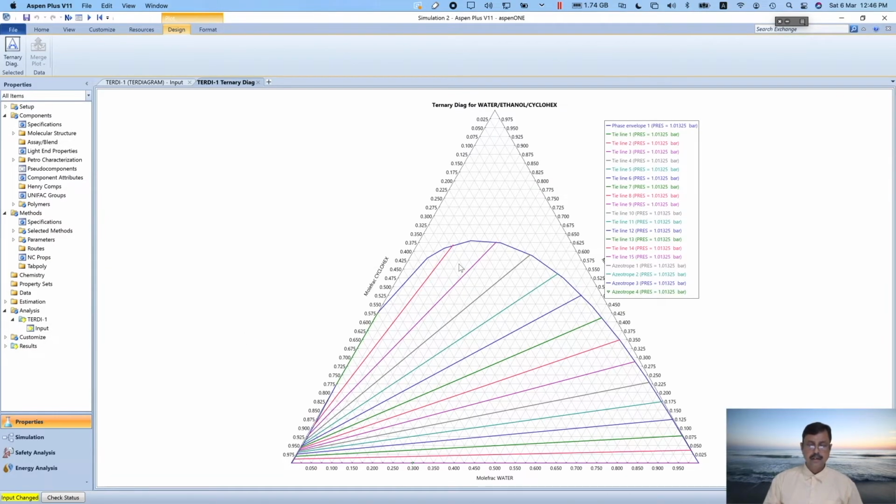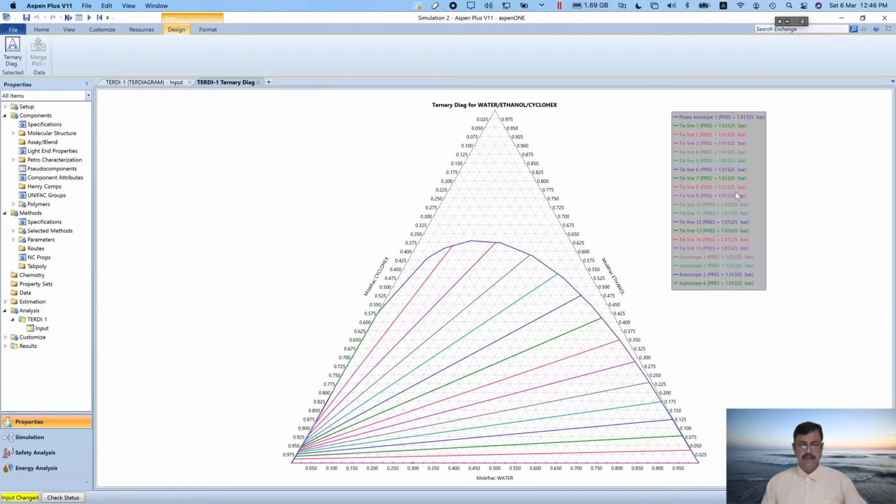So we get another ternary diagram. Shape and nature is same. But here you find there are 4 azeotropes. 1, 2, 3, 4.